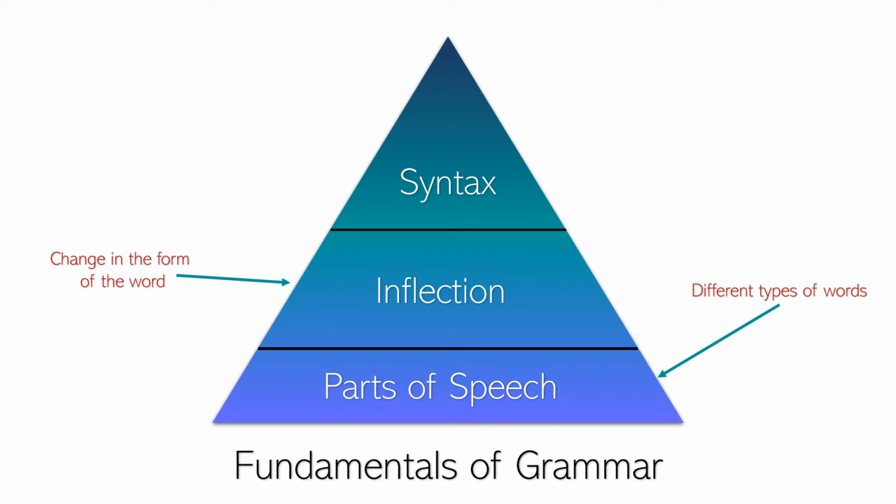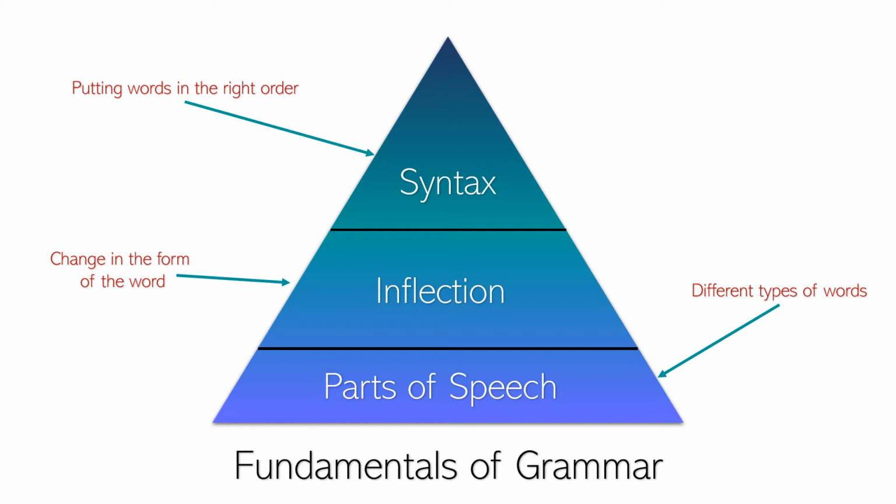Now what is inflection? Inflection is where words in the English language have various forms, and sometimes these forms can change. So when we talk about the change in form of words in the English language, we call it inflection. Then we finally have something called syntax.